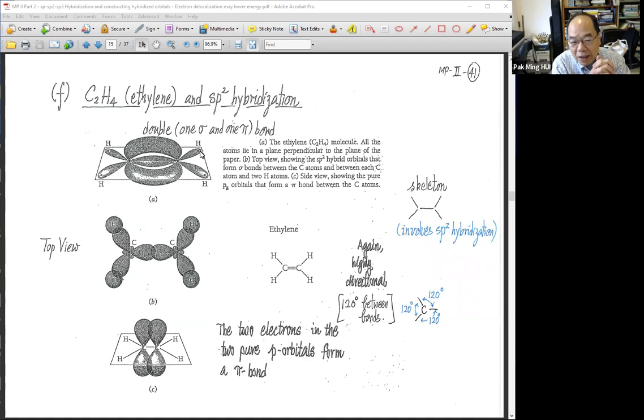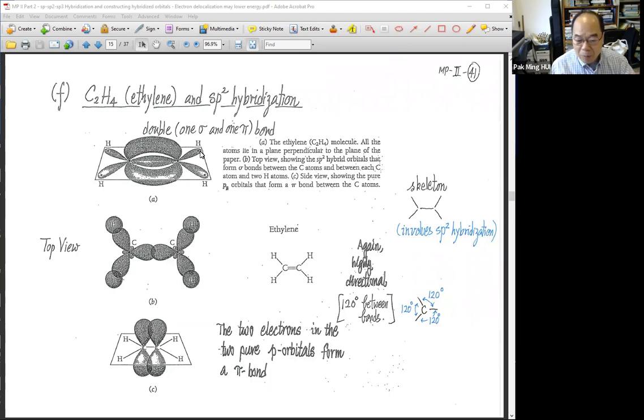They mix together to form oppositely directed hybrid orbitals. That will concentrate the electron density, thereby forming a stronger bond with a hydrogen on the left and a hydrogen on the right.